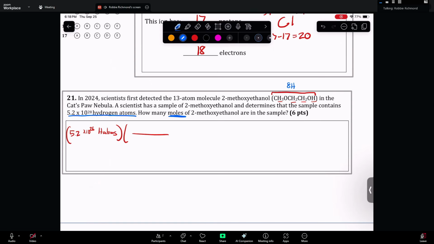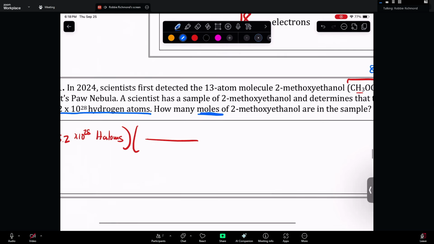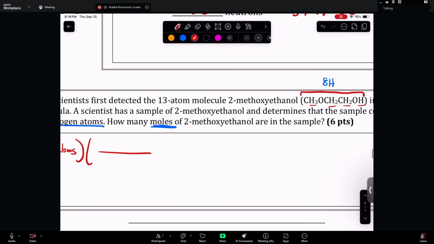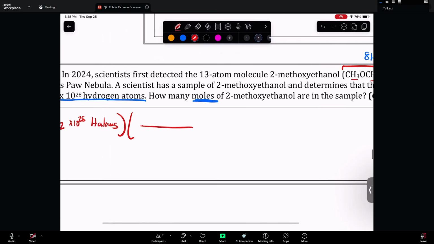For every 8 hydrogens we have in our sample, that is going to be equivalent to 1 molecule of 2-methoxyethanol. So, for every 8 hydrogen atoms, that is going to equal 1 molecule of that compound.